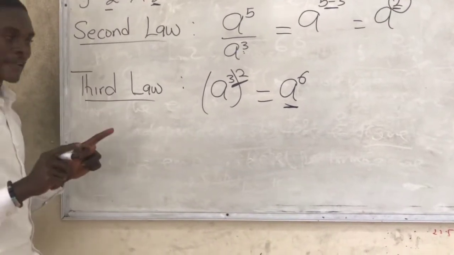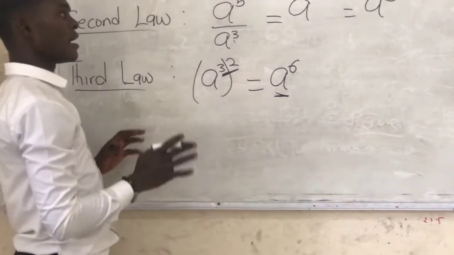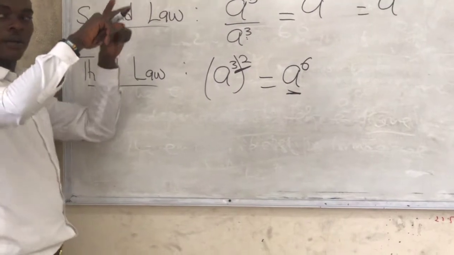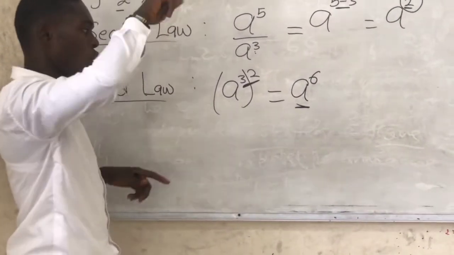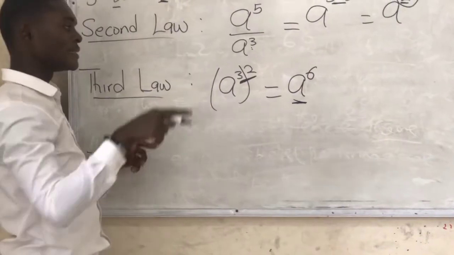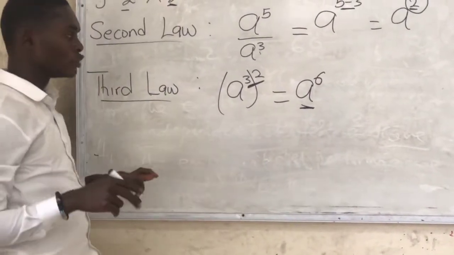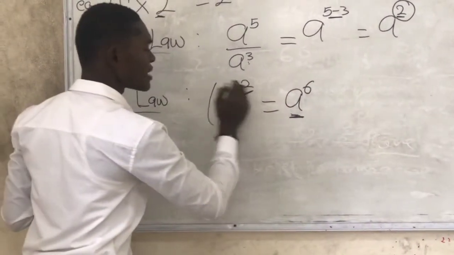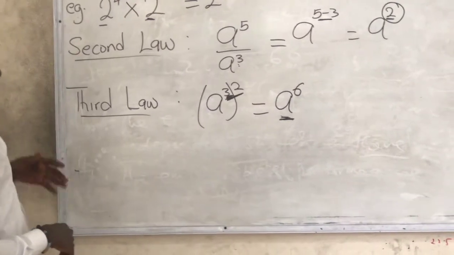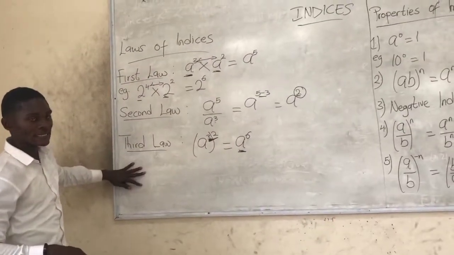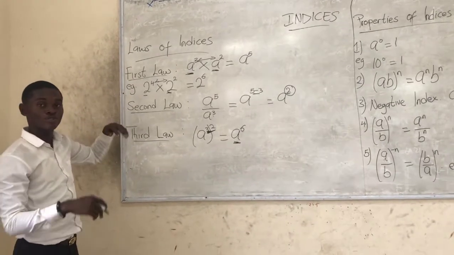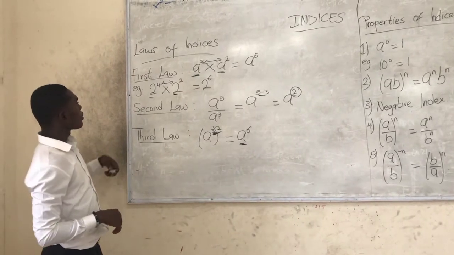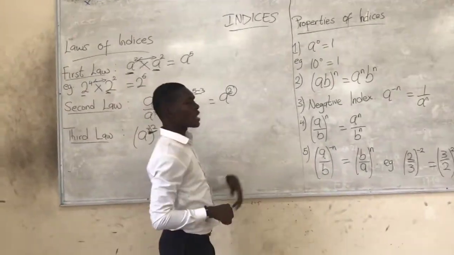Whenever you see any base with an exponent, and then a bracket with another exponent at the back of the bracket, the 2 exponents will multiply to get the answer. So these are the 3 laws of indices, and these laws will help us to solve any indices question that we come across. When we are finished with the laws, we have some properties.